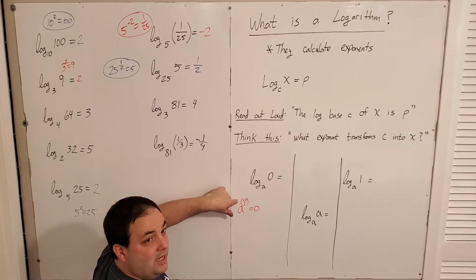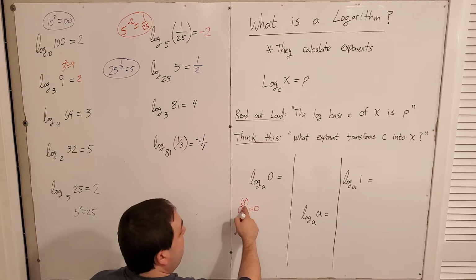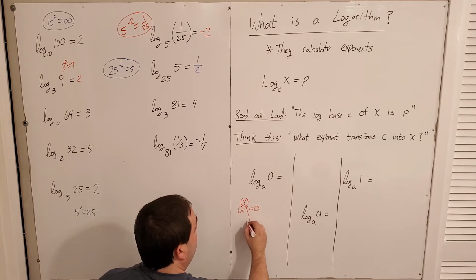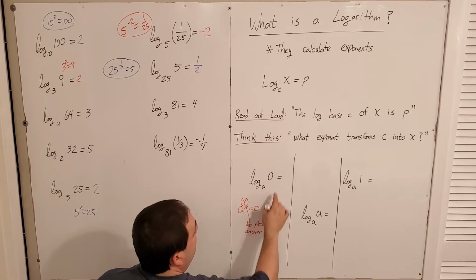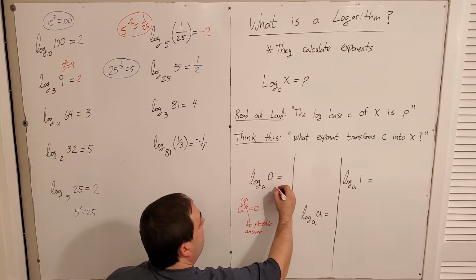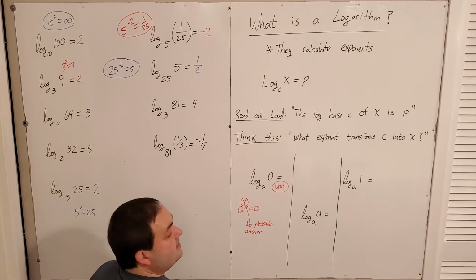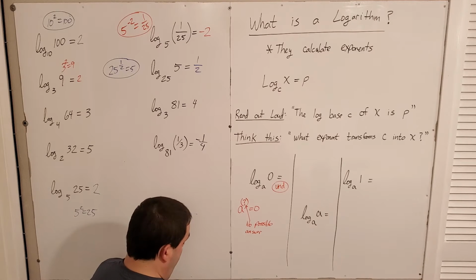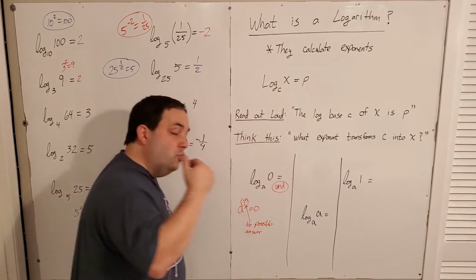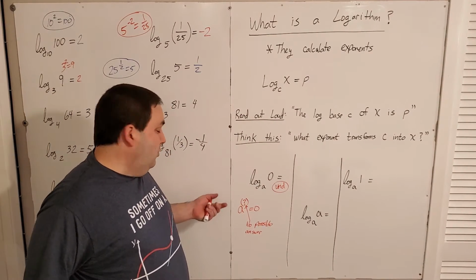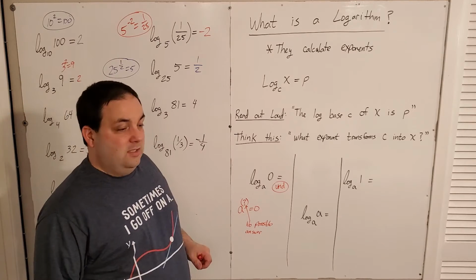They never intersected the axis. That means this is not possible, right? No possible answer. So right here, the log base anything of 0 is undefined. Okay? The log base anything of 0 is undefined. It's like dividing by 0. You do not take the logarithm of 0. Okay? We also don't do the base of 0, but just because it's trivial.